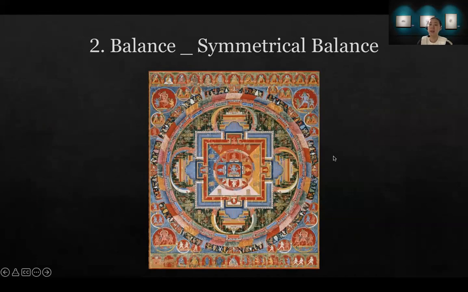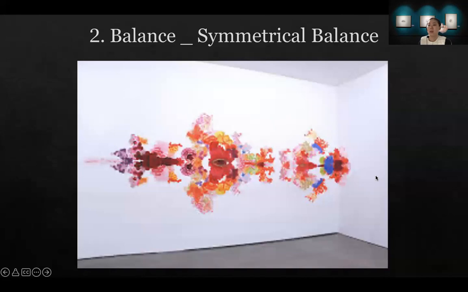So look at this pattern image. There is an imaginary vertical axial on the center of the image, and the left side of the vertical axial corresponds to the right side of the image. So this is called symmetrical balance. And here is another example.